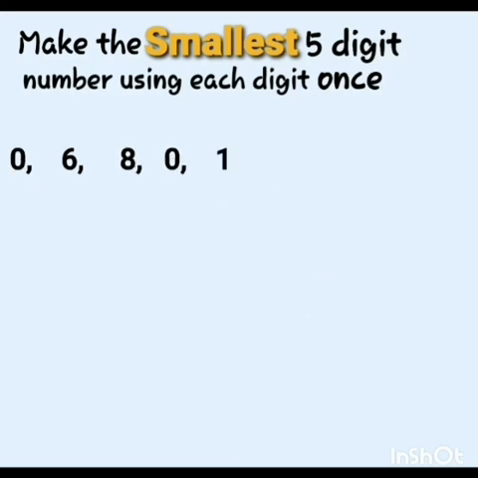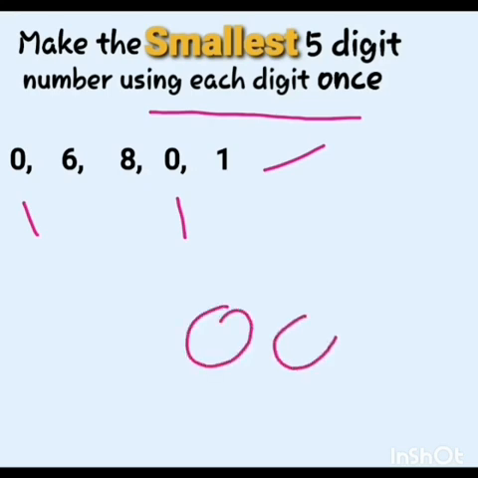Now, students, I am taking another example. You can see these digits 0, 6, 8, 0, 1. I need to make the smallest 5-digit number using each digit once. You can see the smallest digit is 0 and we have 2 zeros. So, let us write zeros. So, 1 0 and 2 0.